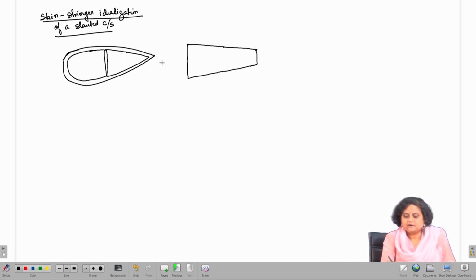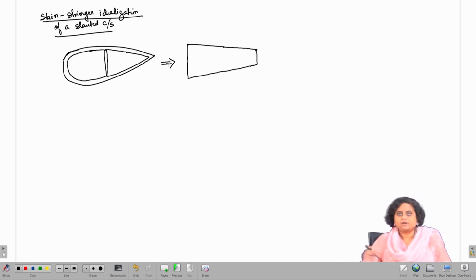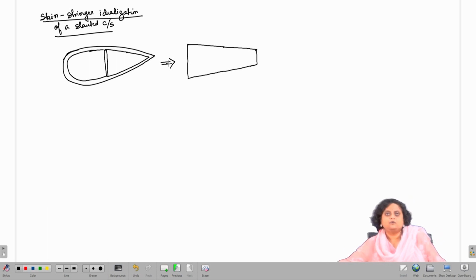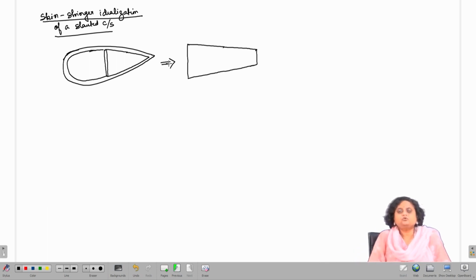So, this therefore is going to be a simpler approximation of the aerofoil shape. So, let us now try to see how to approximate. So, this is a 2 cell. So, I have a slanted 2 cell cross section.